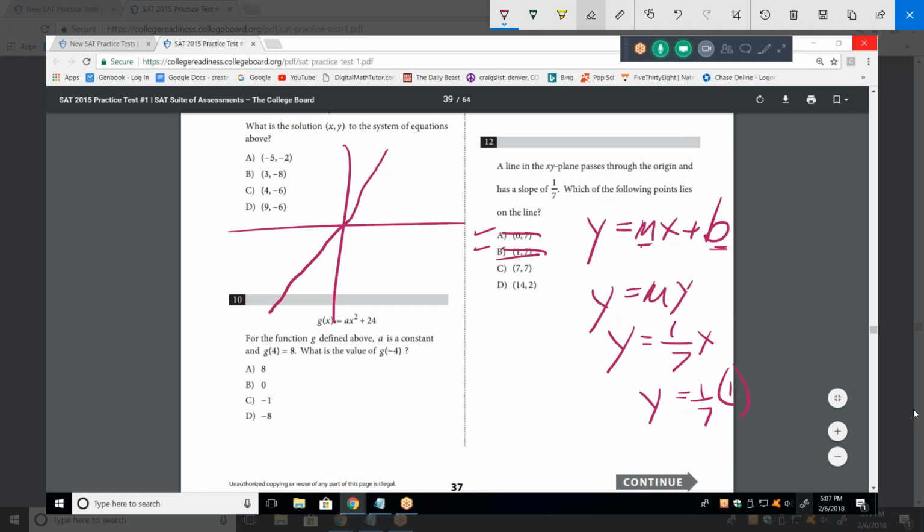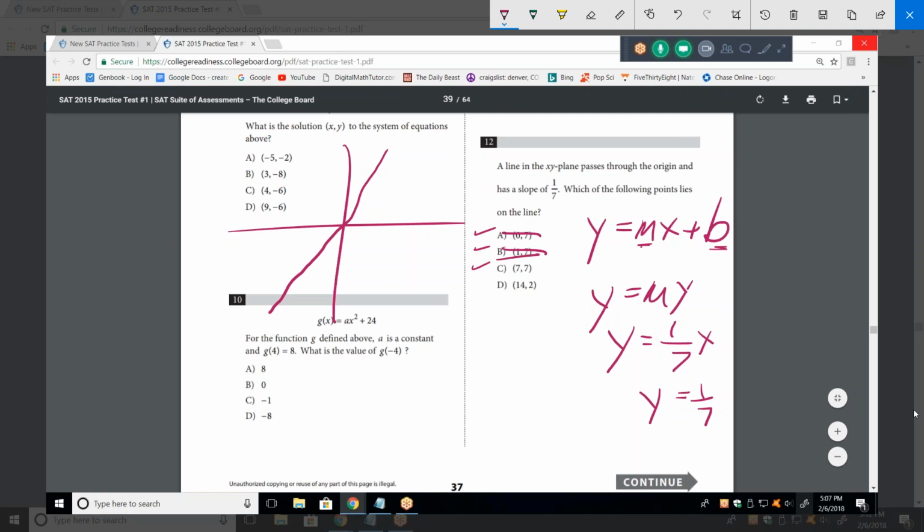Keep going. Plug in 7 for x. What do you get? Well, first of all, we're doing C. So plug in 7 for x, and what is y equal to? You're plugging it into too many places.